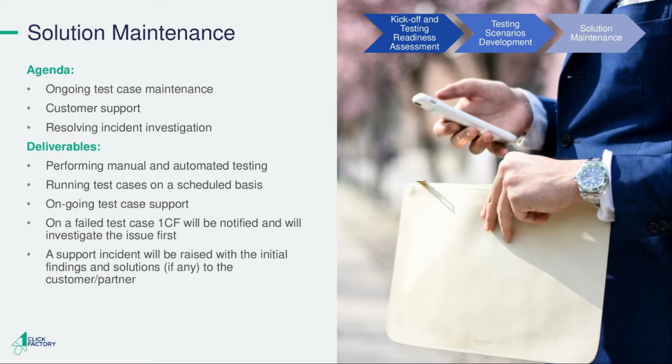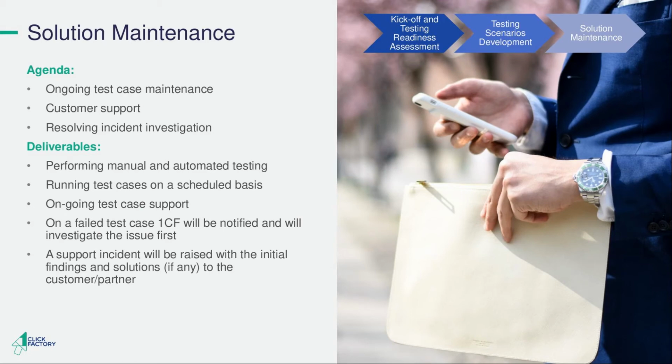But most importantly, we will inspect the issue first, and if we see that issues coming out of your code, then we'll together with you, potentially we'll discuss the solution if we need your input, because you as a partner probably know the customer solution the best.